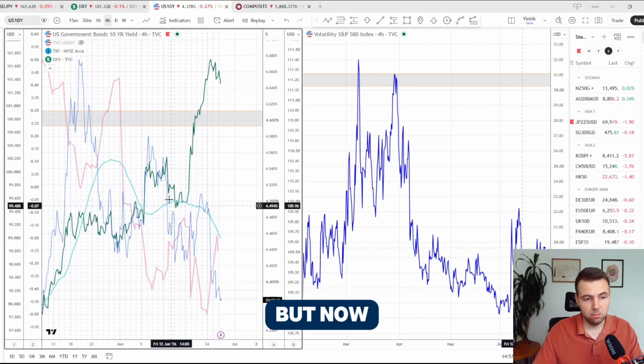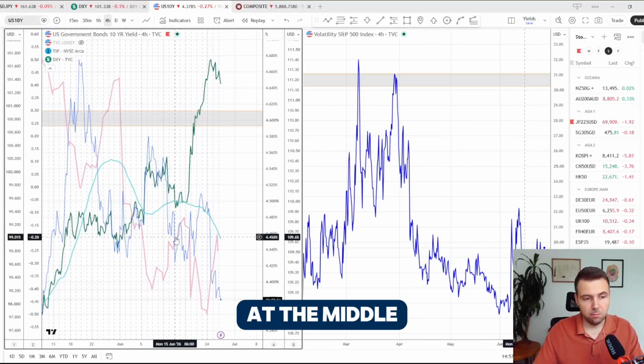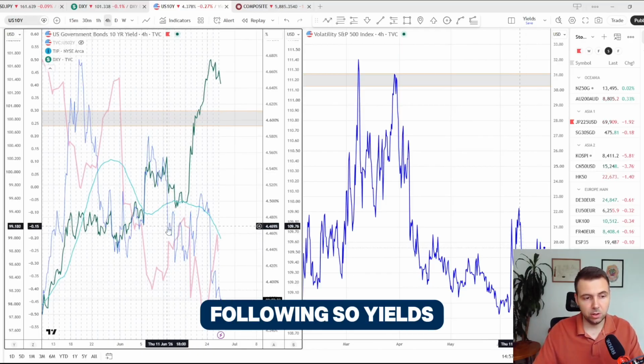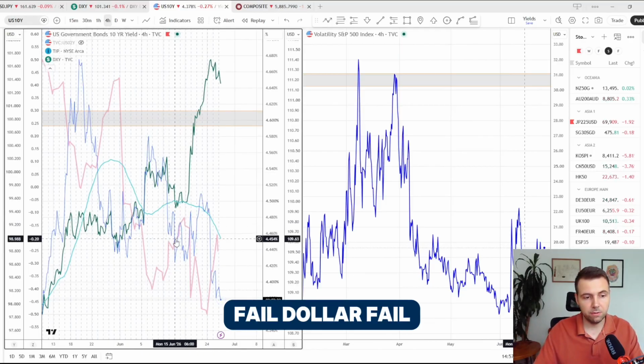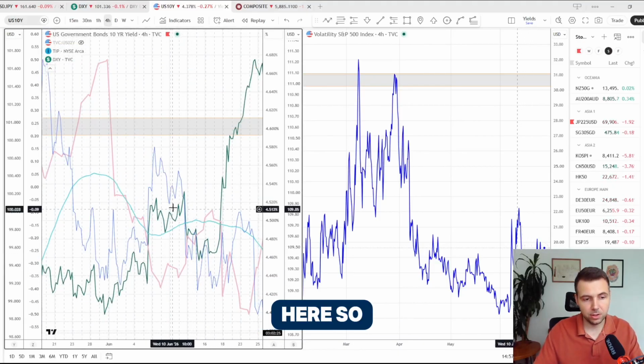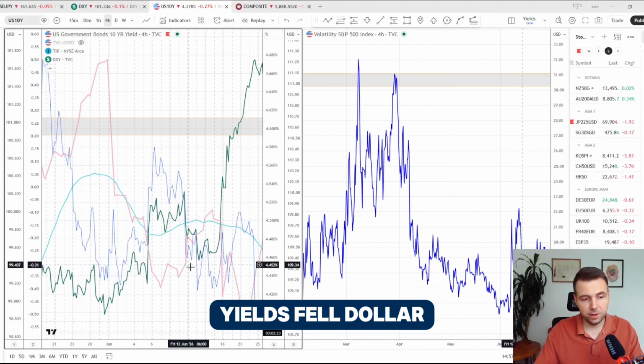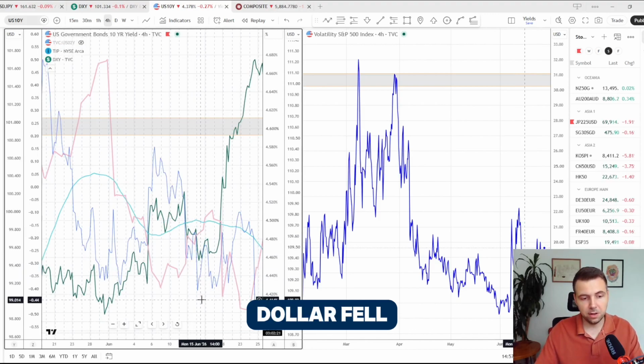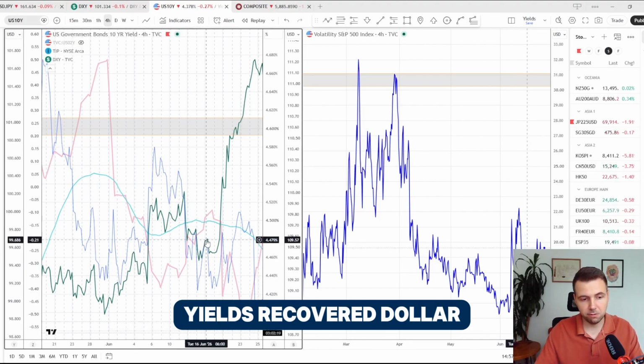But now, if you look at the middle of June, it was still following. So yields fell, dollar fell. I'm looking at the blue line and green line here. So yields fell, dollar fell, yields fell, dollar fell, yields recovered, dollar recovered.